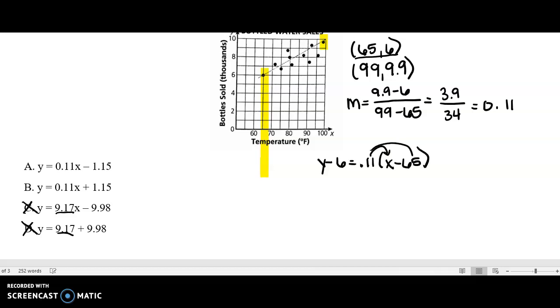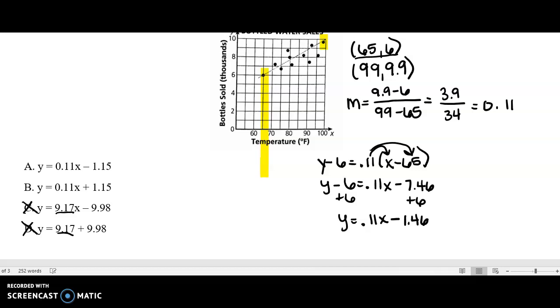Distribute through, because we want to get it into slope-intercept form. And 0.11 times 65 gives me 7.46. Add 6 to both sides. Y equals 0.11x minus 1.46. Okay, neither of those match up.